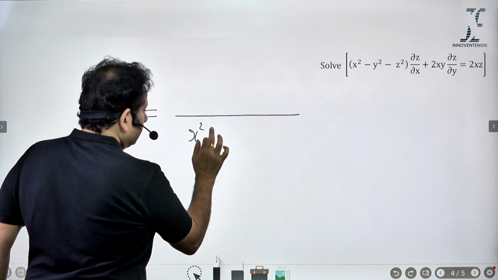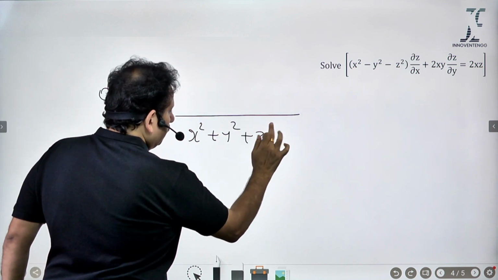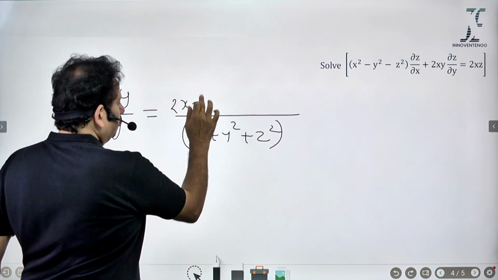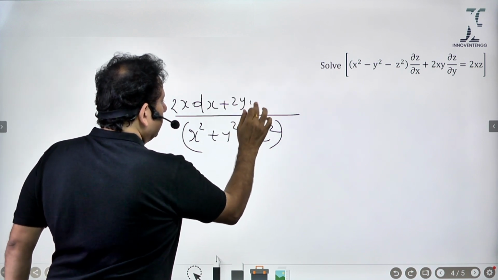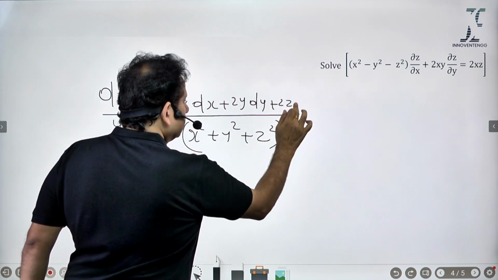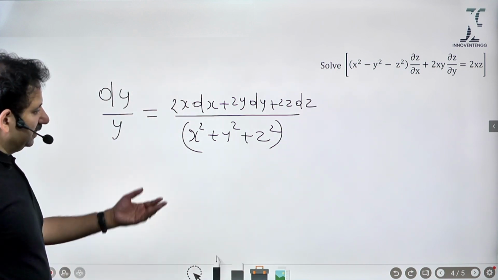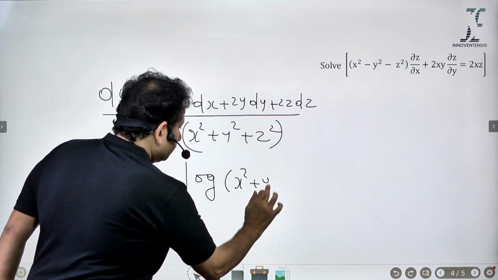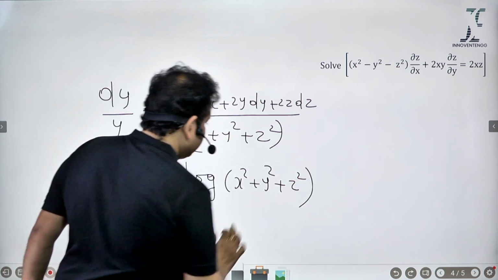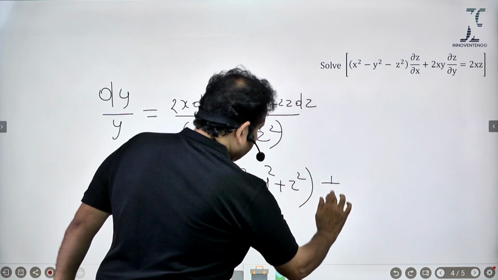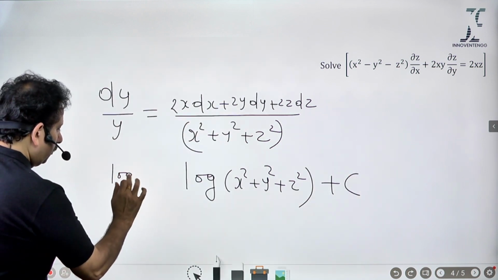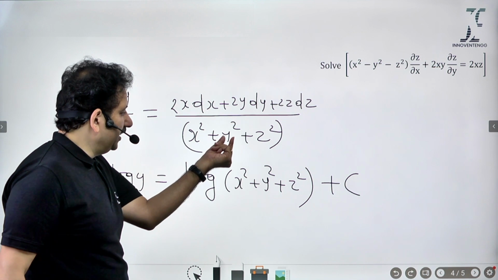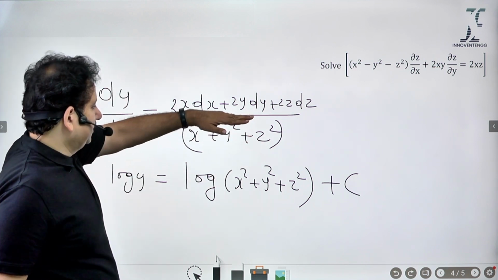That is, I have x square plus y square plus z square, and here I bring this 2 to here, so I get 2x dx plus 2y dy plus 2z dz. So this will give me what? This will give me log of x square plus y square plus z square, right? Plus a constant, and that is equal to log y. You can see here, when I differentiate this, I get 2x dx, 2y dy, 2z dz, which is exactly in the numerator.